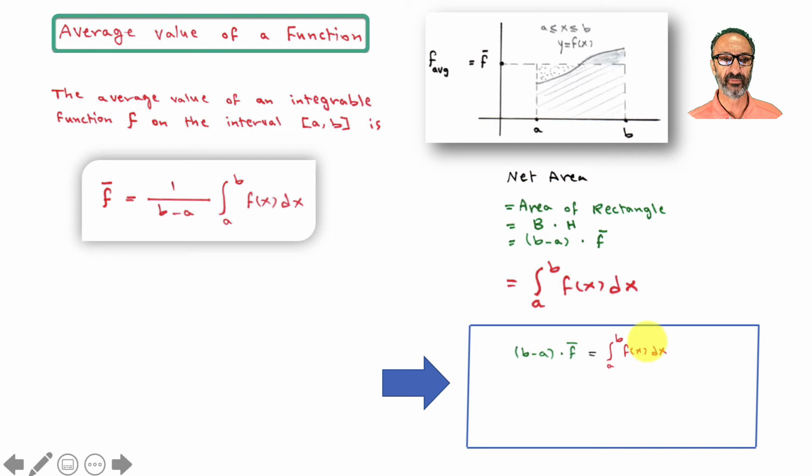Doing the math, to get f average by itself, you divide both sides by b minus a, and now you have the formula. If you want to start from here backwards, multiply both sides by b minus a. b minus a is the base, and f average is the height.